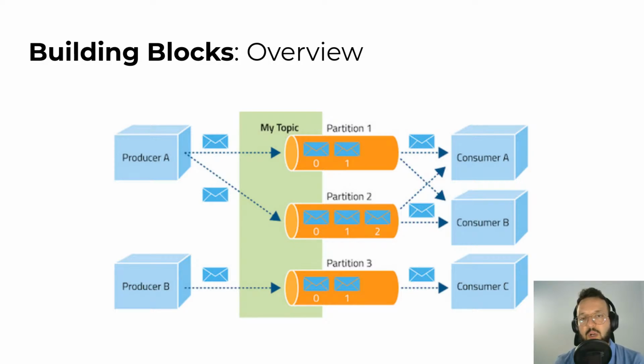As you can see, producer A sends to partitions 1 and 2, and producer B sends only to partition 3. Additionally, partitions can be consumed by different consumers, like partition 2 is consumed by consumers A and B. And also partitions can be associated on a one-to-one basis with one consumer. So this is how it looks when it comes to the overview, putting all those terms on a single picture.